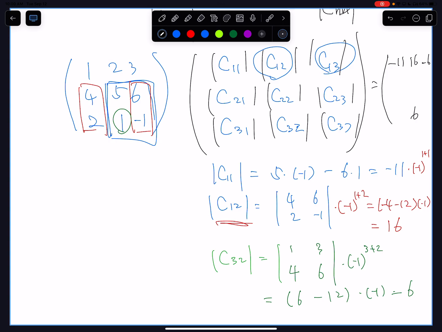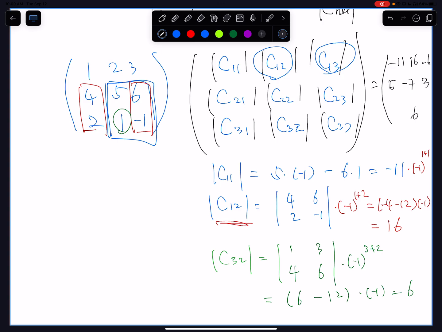C21 is minus 2 minus 5, but I need to multiply by minus 1, so this is minus 1, minus 6, so minus 7, and this is 1 minus 4, so minus 3, but need to multiply, so it should be 3.